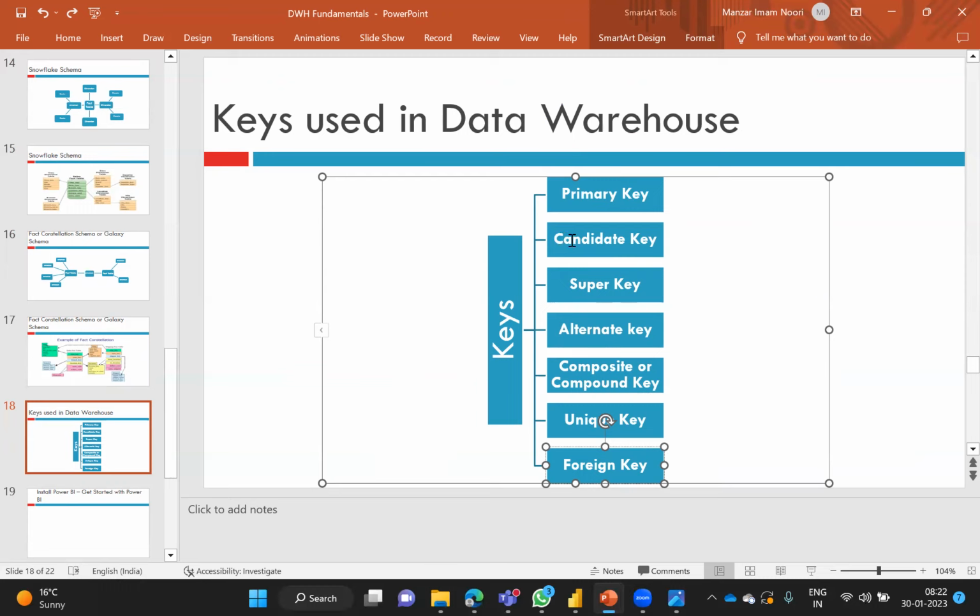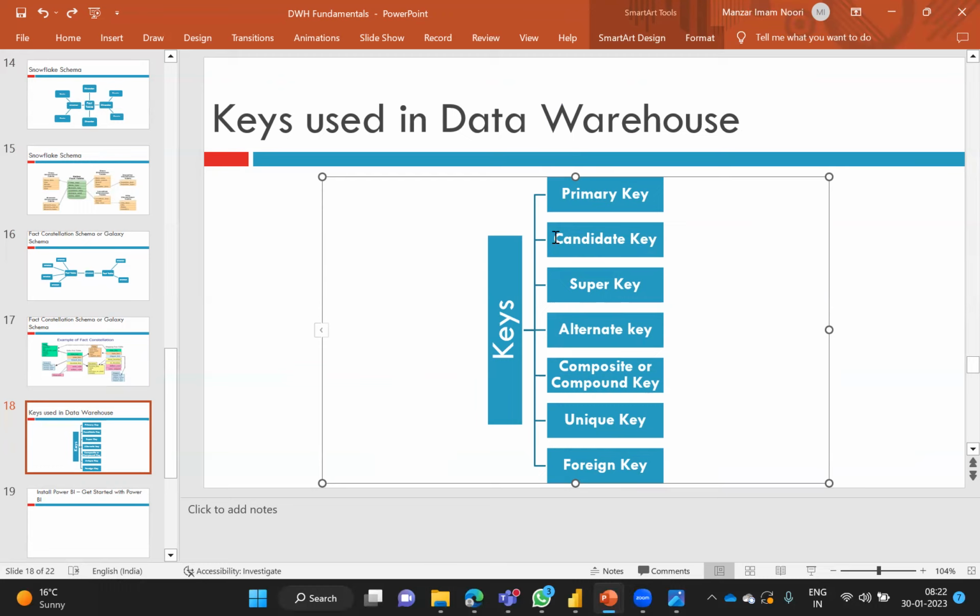So for data warehouse design, you just need to understand these few keys: super keys, alternate keys, composite keys, and candidate keys.